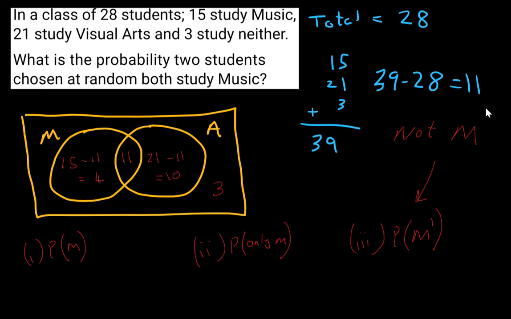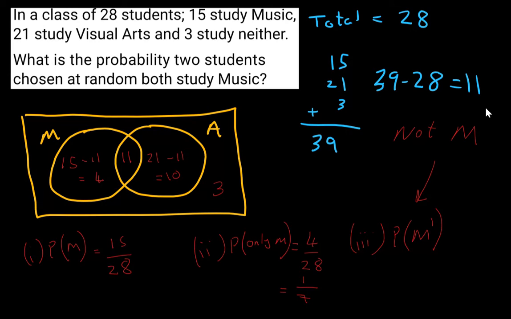Okay, so the probability of music, we're going to be in this region here. So 11 plus 4 is 15 over 28. Okay, only music is just going to be this region here, which is going to be 4 over 28, which is going to be 1 over 7. 4 sevens are 28.